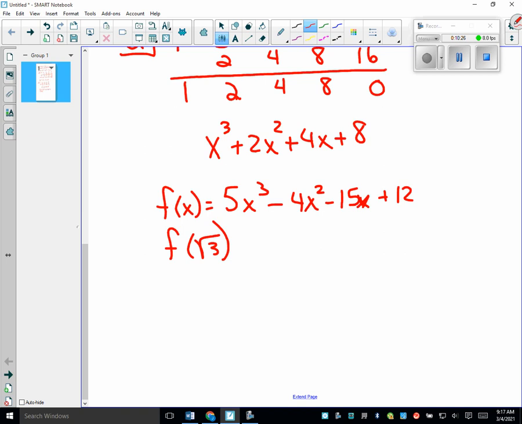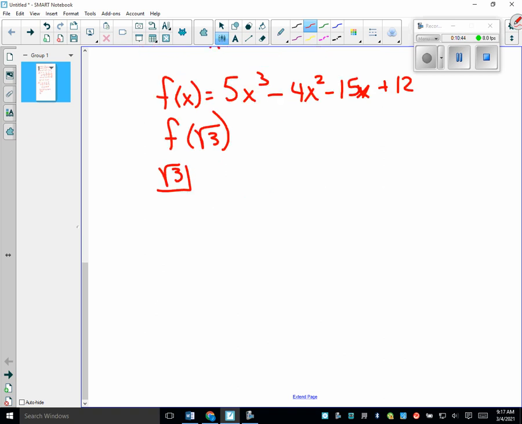I'm going to do the exact same thing I just did with the synthetic division. I put radical 3 in my box because it's already solved for x. My numbers are 5, negative 4, negative 15, and 12.